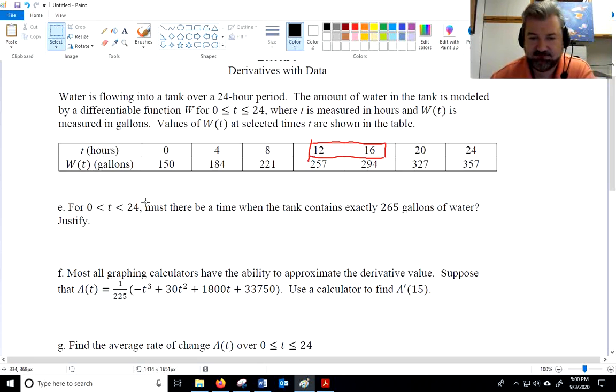I'll just use the 0 and 24 since those are the values it gave me. I will say W of T is a continuous function.